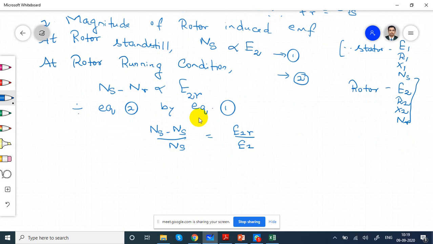So (ns minus nr) by ns, we know, is slip s, equal to E2R by E2. Therefore E2R equal to s into E2.